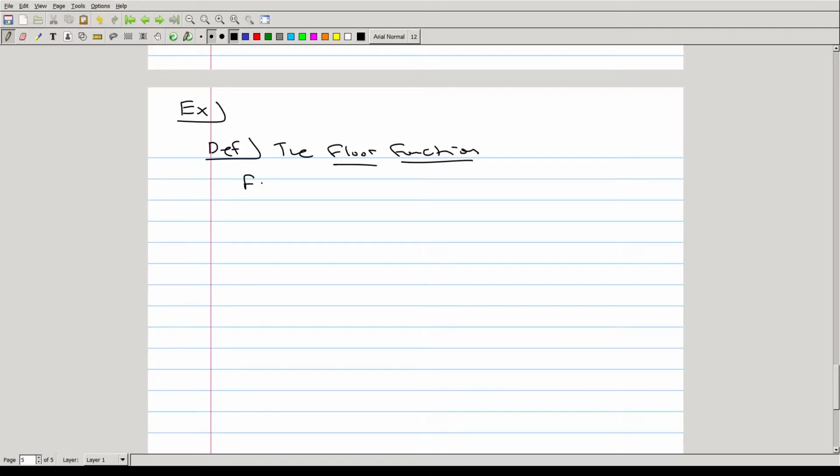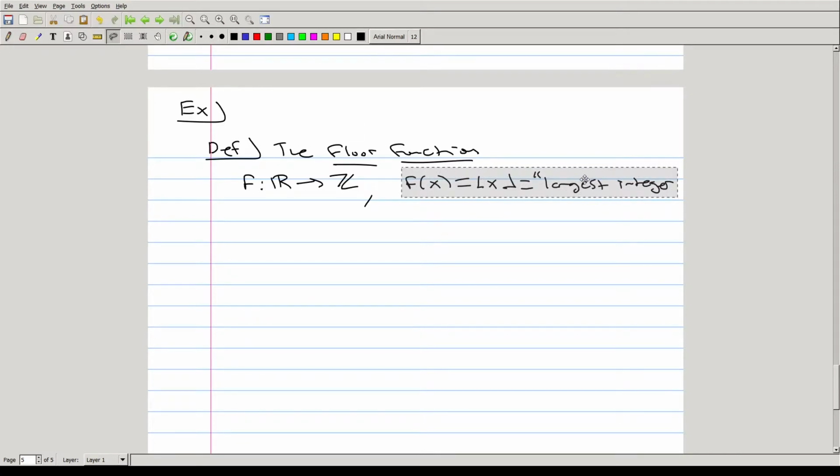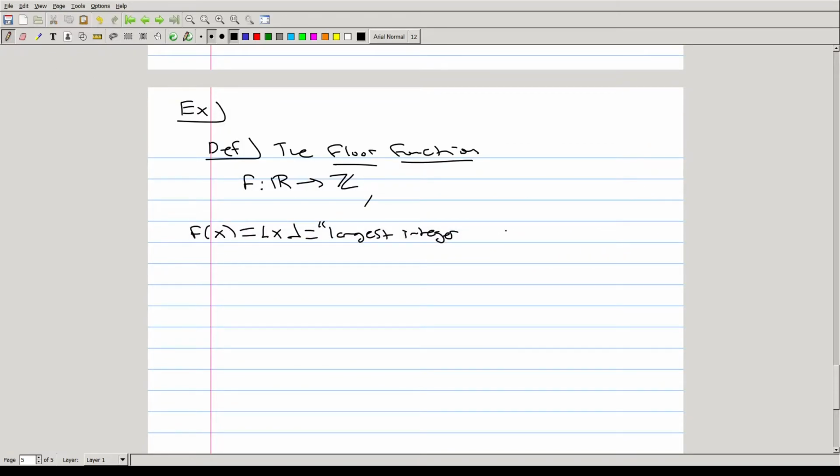It's a function, I'll call it f, from R into the integers Z. And the notation for this is that f of a real number x, put the bar with a line under it, is defined as the largest integer that is less than or equal to x.